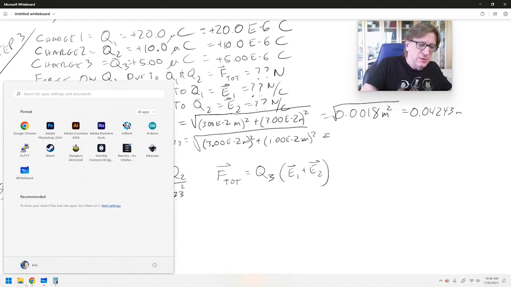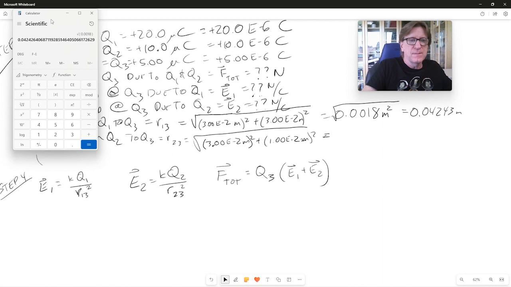We'll do just like before, we'll do this in multiple steps. So let's bring up our calculator. We have 3.00 e to the negative 2 squared plus 1.00 e to the negative 2 squared.